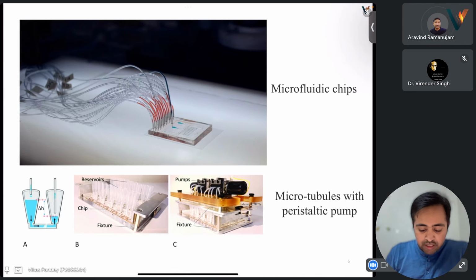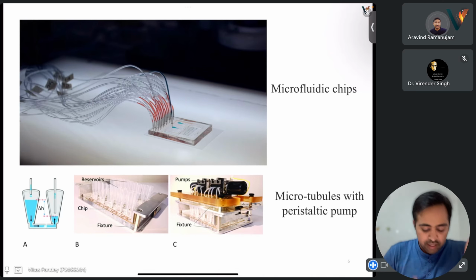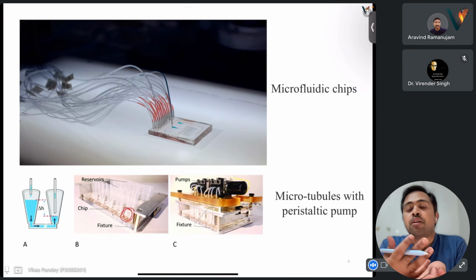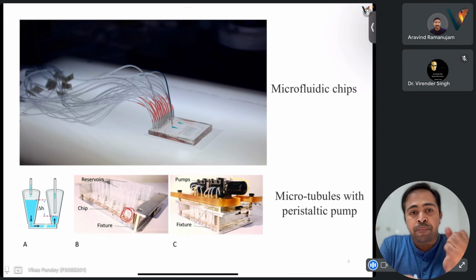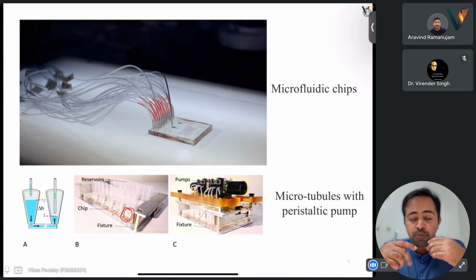Here, the content can reach only till the sensor. If there is a sensor here, till there this fluid can be put, and it will be at macro level, it will be bigger. Whereas in case of microfluidic chip, we can go even below the sensor, above the sensor, wherever we want, because there are tubes built inside the chip.